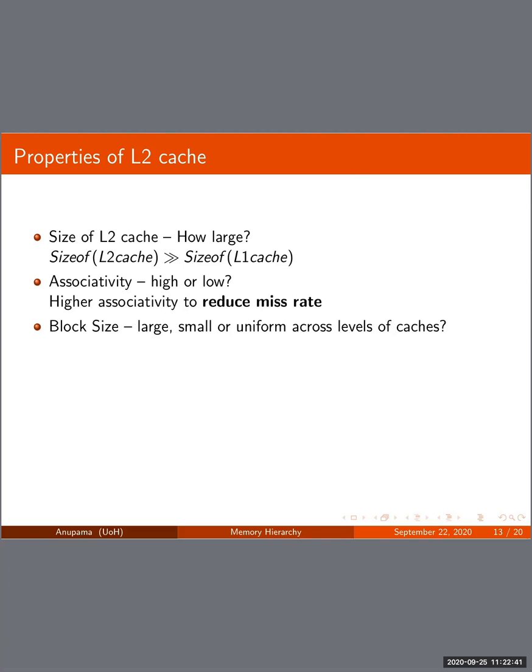So, should we use a small block size, large block size, or should it be independent of the cache size and be uniform across all levels of caches? What issues will we hit? And I want more participation. Come on, please talk.